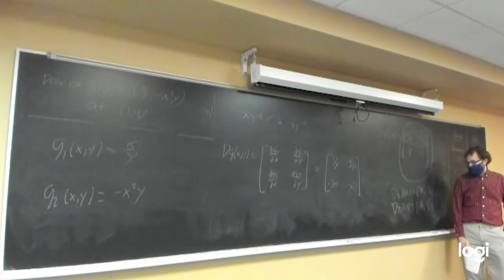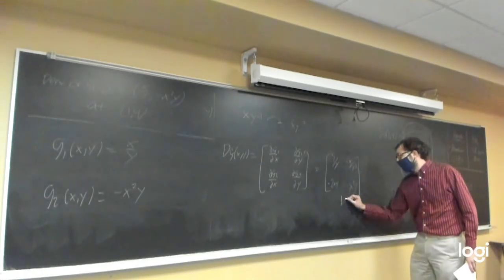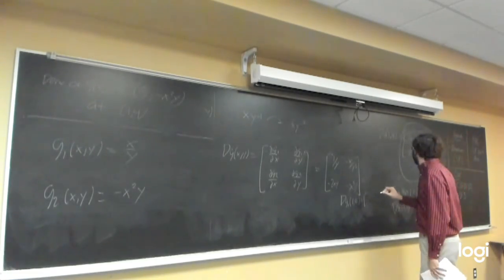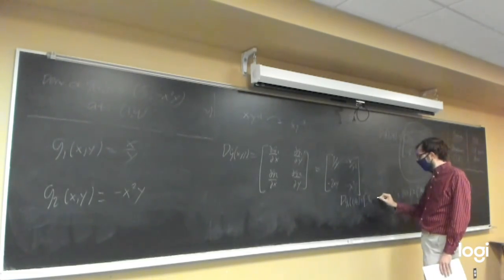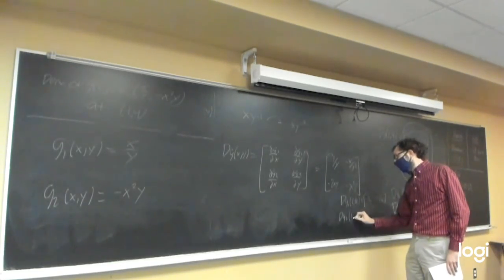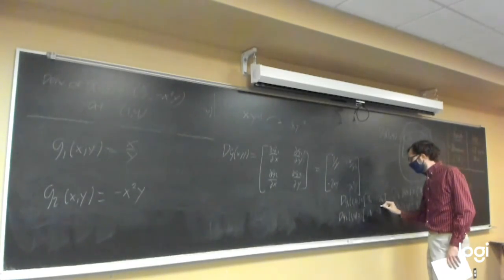For those derivative ones, does it still come out as a matrix? If you were to write it as a derivative, then it would come out as a matrix. So the derivative of g1 at 1, 4 would be the matrix 1/4, negative 1/16. The derivative of g2 at 1, 4 would be negative 8, negative 1.